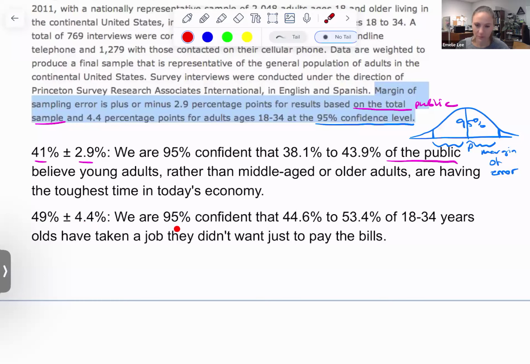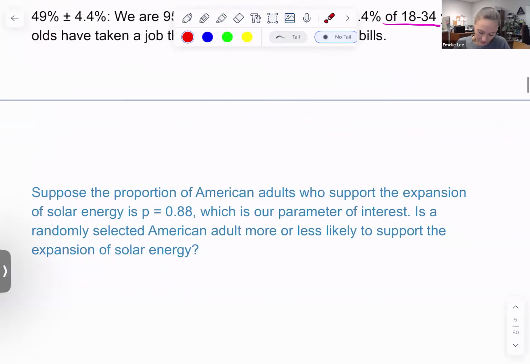So we're 95% confident that 44.6, which is 49 minus 4.4, to 53.4, which is 49 plus 4.4. So we're just building out on both sides. Of the 18 to 34-year-olds, have taken a job they didn't want just to pay the bills. And that's just the subgroup that we sampled from, or that we have information from.